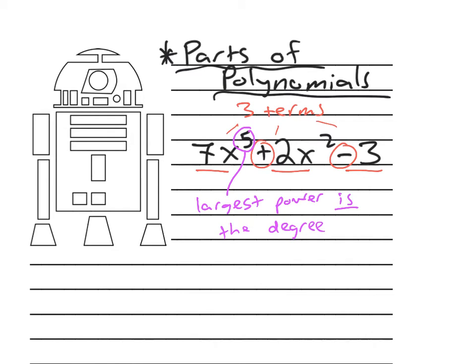The largest power is the degree. So for my example, this is a degree what? 5. Or you could say a 5th degree. Okay. We ignore the smaller exponents. We take the largest one and say this is a 5th degree polynomial.